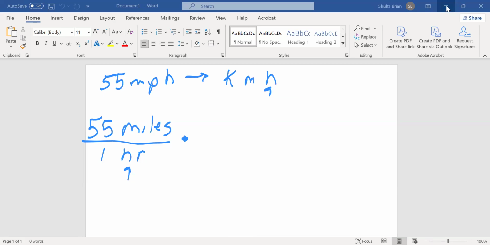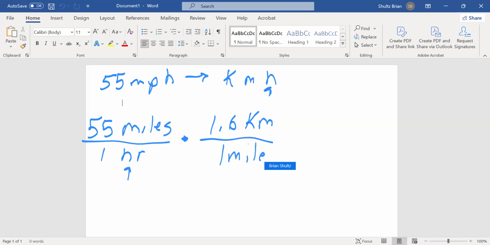It says that 1 mile is 1.6 kilometers. Now that I have 1 mile, the mile label can cancel off. And I now have kilometers on top, hours on the bottom, so it'll be in kilometers per hour.